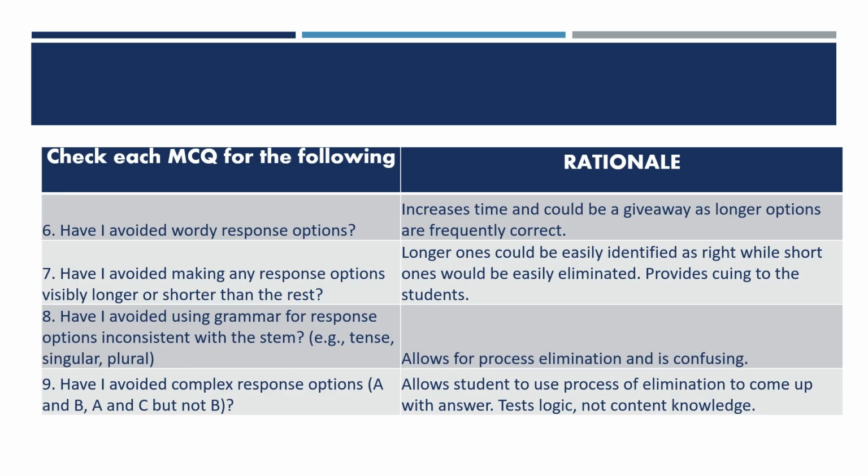Eighth, have I avoided using grammar for response options inconsistent with the STEM, because it allows for process of elimination and is confusing. Lastly, have I avoided complex response options like A and B, A and C but not B, because it allows students to use process of elimination to come up with an answer. It tests logic and not content knowledge.